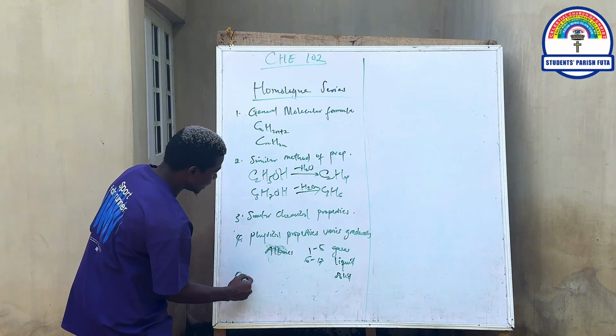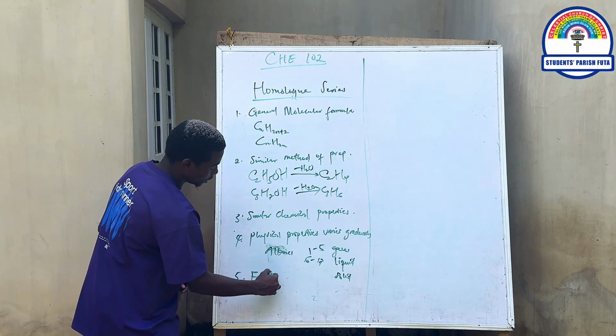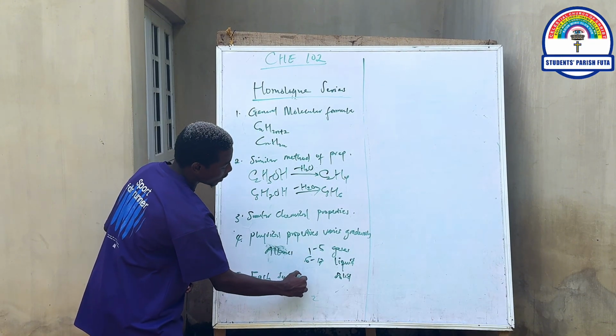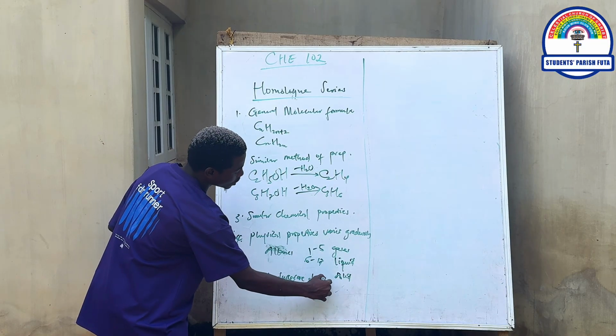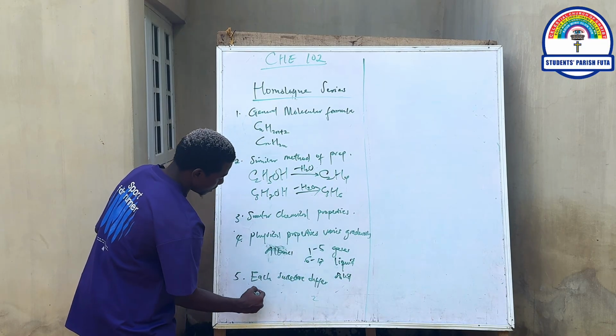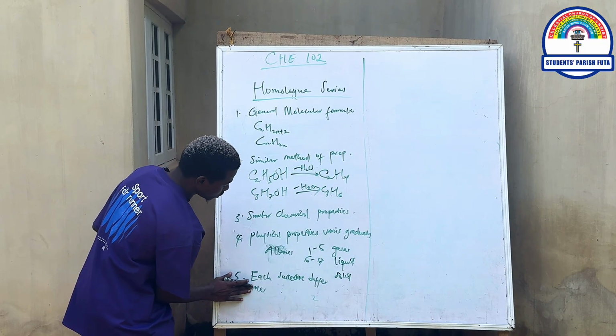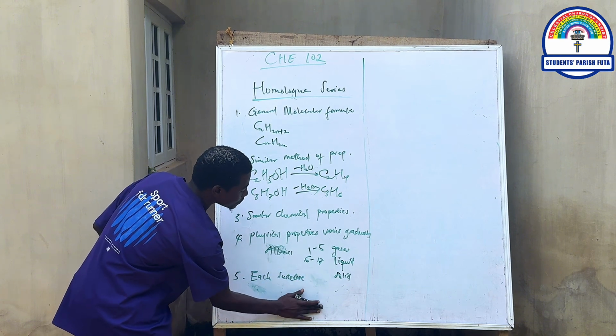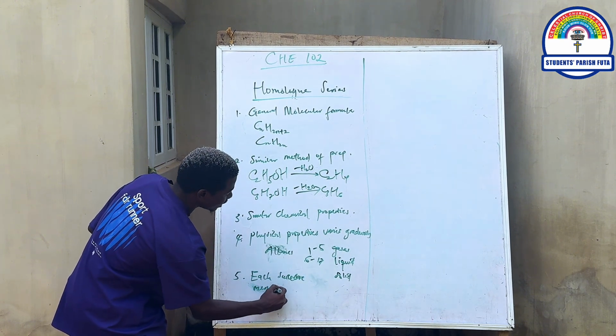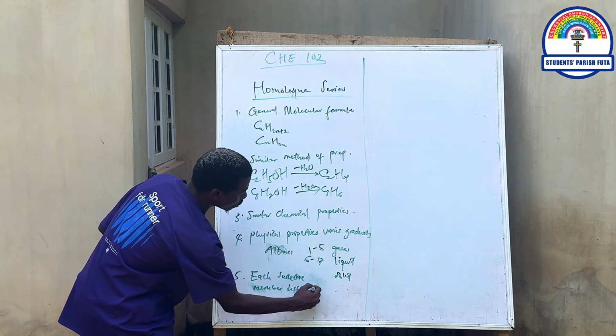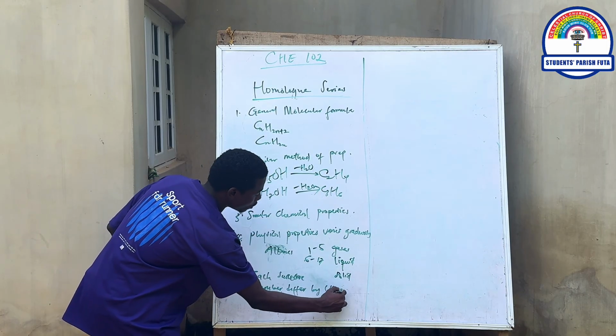Okay, the next one is each successive member. This one is common. Successive members differ by the addition of a CH2 group.